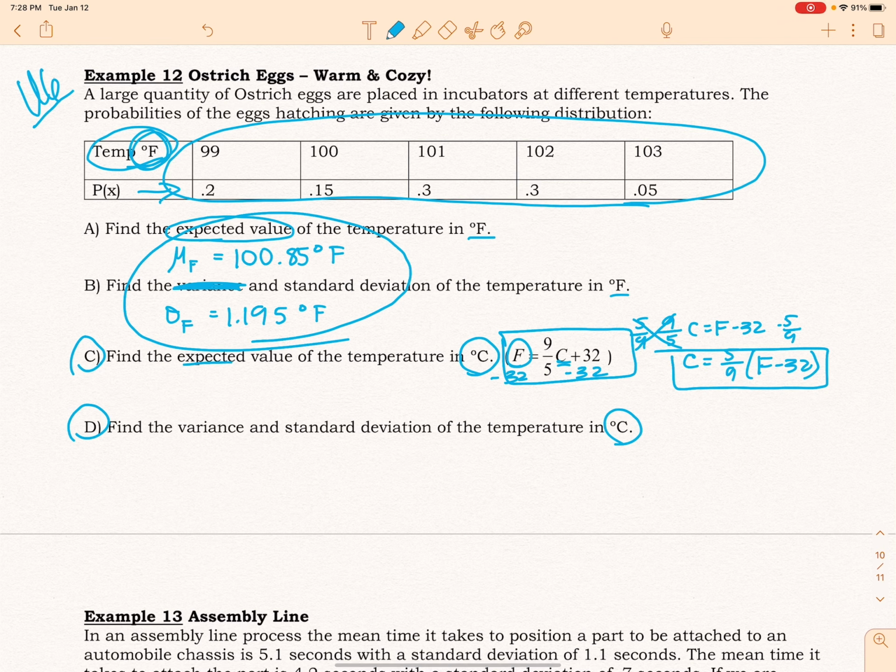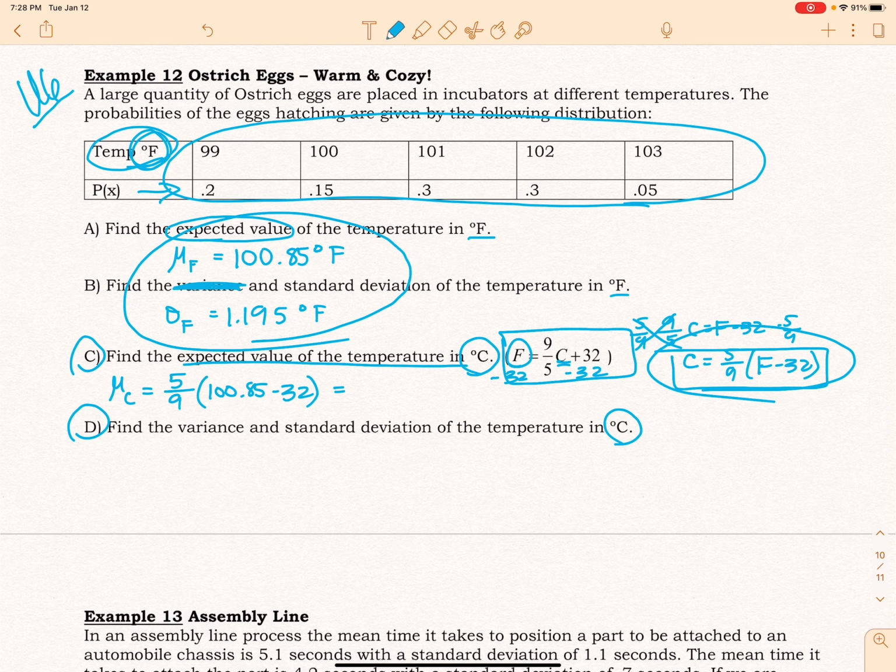So when I want my expected value of the temperature in Celsius, I want my mean in terms of Celsius. Transforming means is super easy. I'm going to take this equation, substitute in my mean or expected value in Fahrenheit. Bam, I'm going to get my answer in Celsius. Okay, so I've got 5/9 times the Fahrenheit expected average, the expected value, and then subtracting 32.